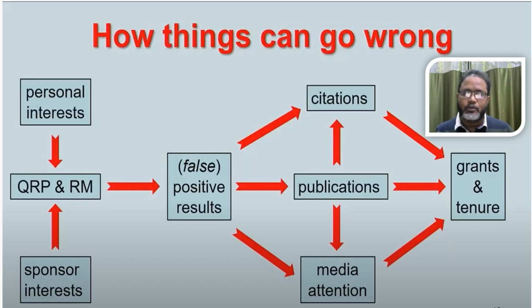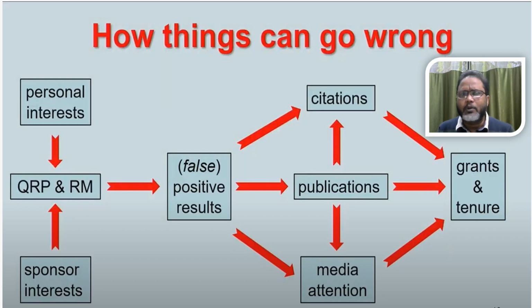You are not revealing the whole result in a particular publication. You are just making chunks of it, making the publications, and at the same time citing the same thing. Here comes the self-citation, co-citation, all these things, and ultimately what you are going to get is more grants and tenure.